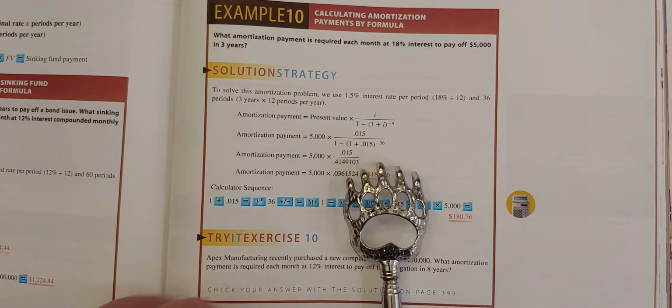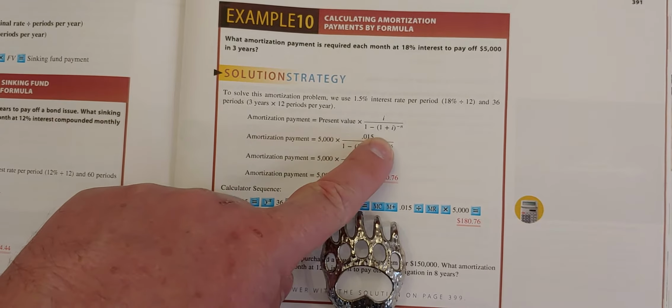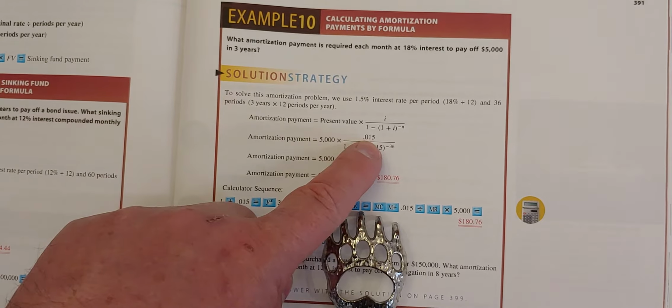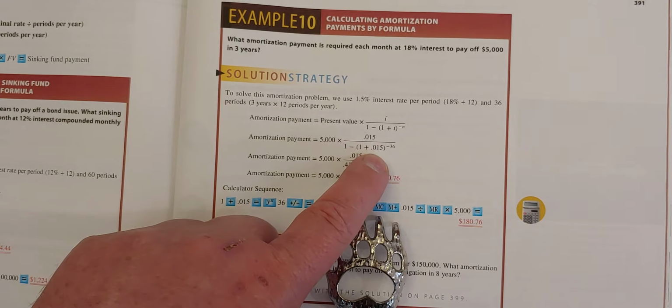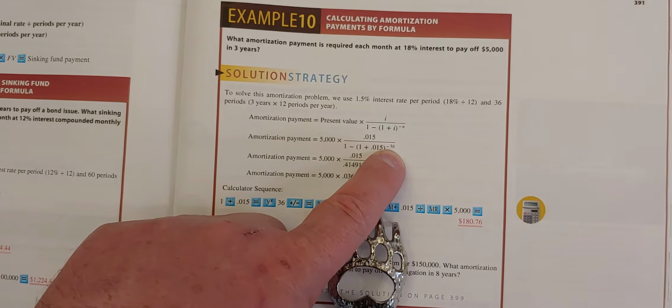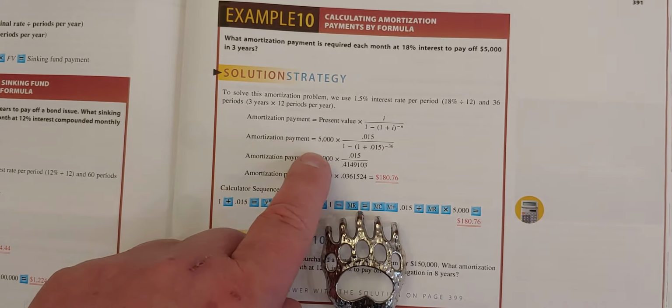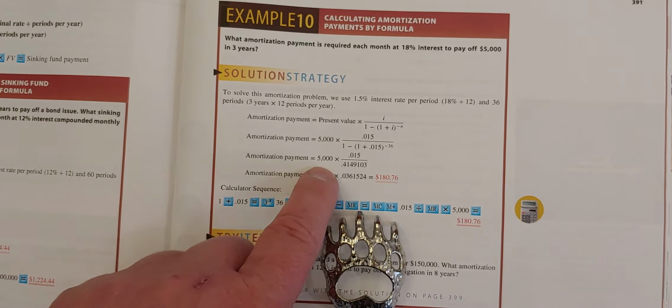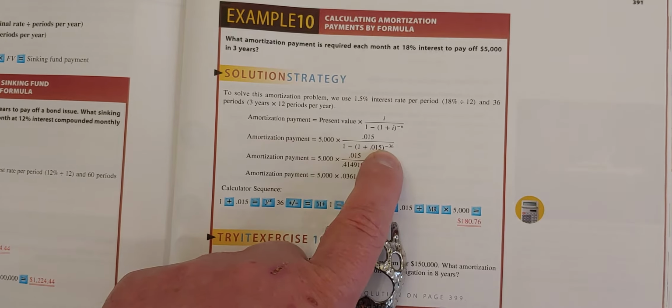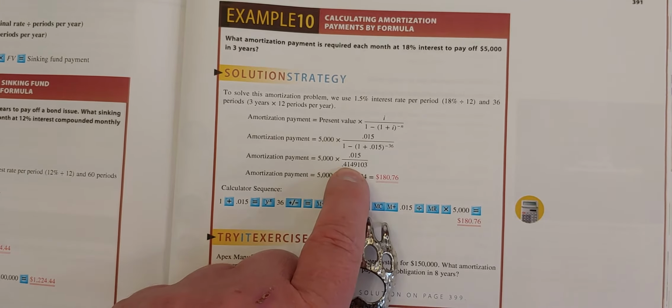So the amortization payment should be the present value times, there's our formula, i is 0.015 over 1 minus 1 plus i raised to the negative 36 power. And then, of course, our present value is $5,000. So they did the math of the denominator, 1 minus all this, and they got 0.4149103.